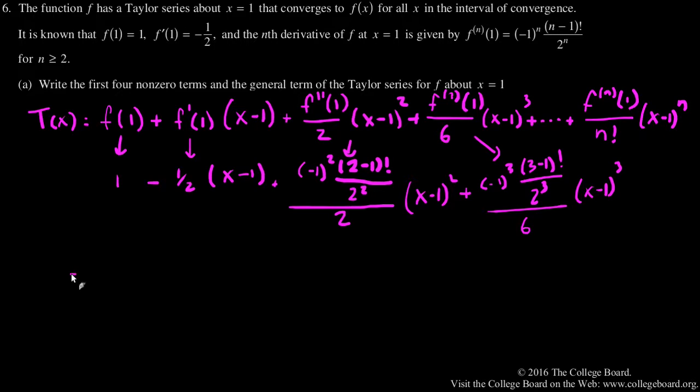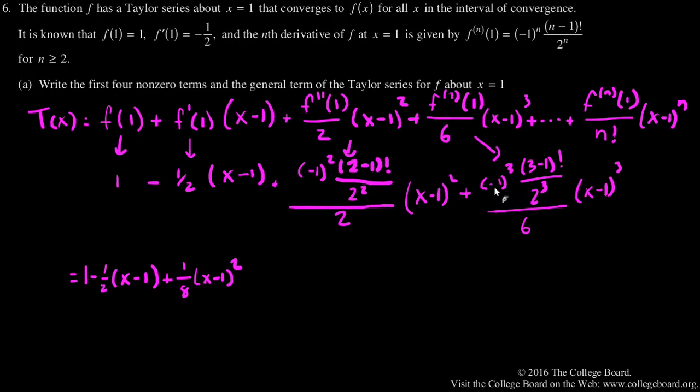So this is going to all equal 1 minus 1/2 x minus 1. Negative 1 squared is positive, so we will end up with a plus here. 2 minus 1 is 1. 1 factorial is 1. 2 squared is 4, so I get 1/4 divided by 2 is 1/8. And we'll have x minus 1 squared.